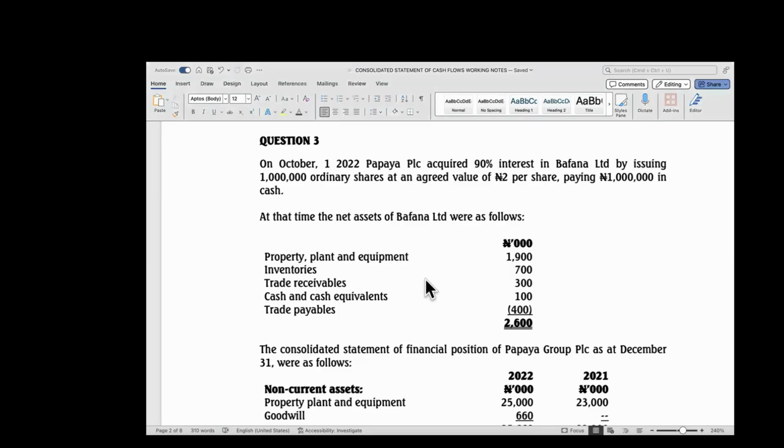The equity side of the question. Scroll down a bit, sir.